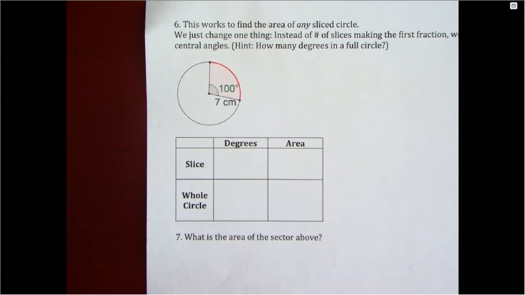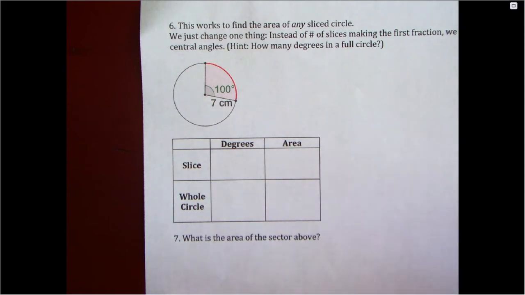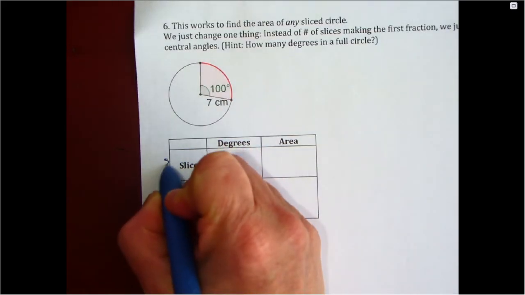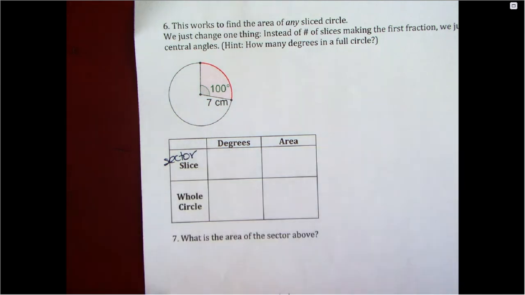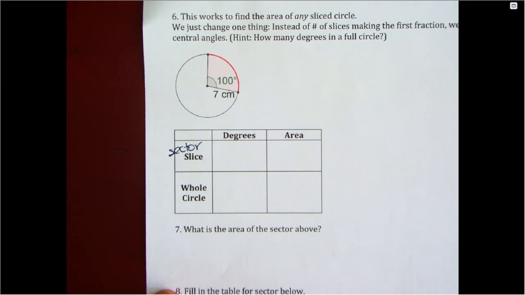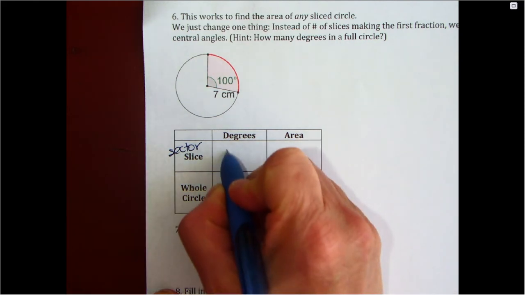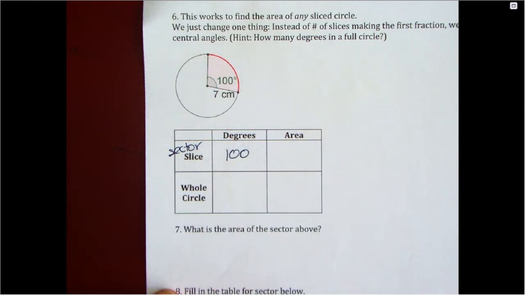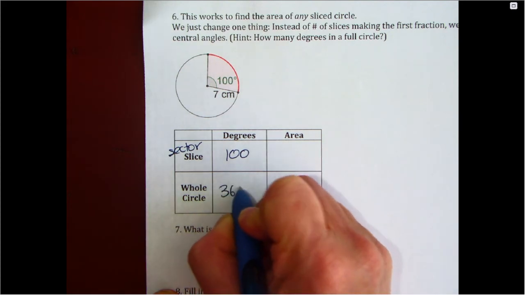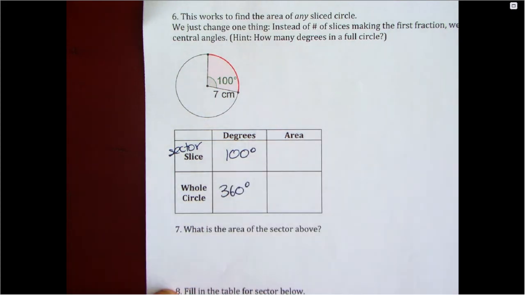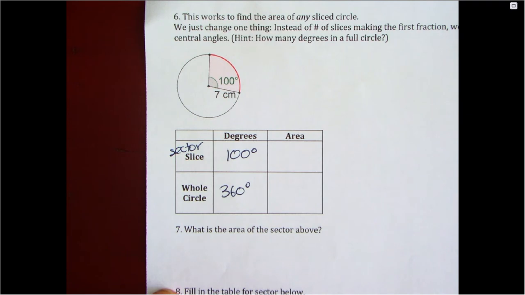So we're going to call this slice, or we could also call it sector. How many degrees are in the slice or the sector? 100 degrees. How many degrees are in a whole circle? 360 degrees. Now we're looking at this diagram, and we're going to see what is the area of the whole circle.